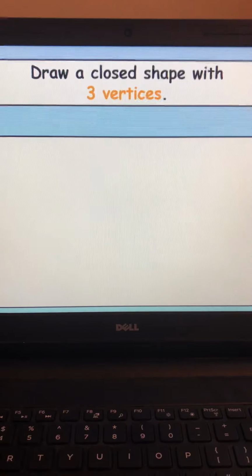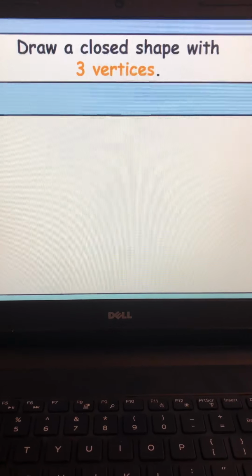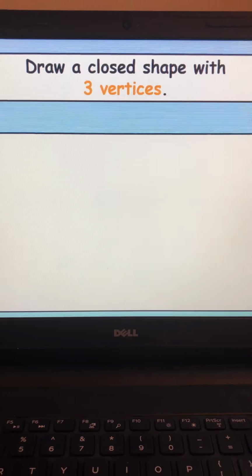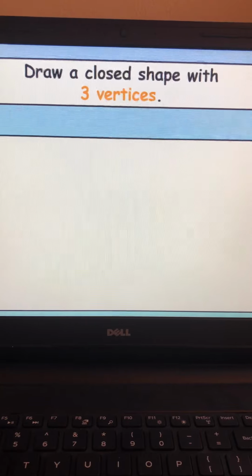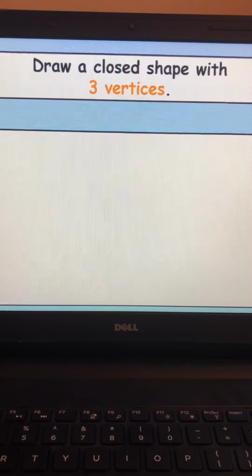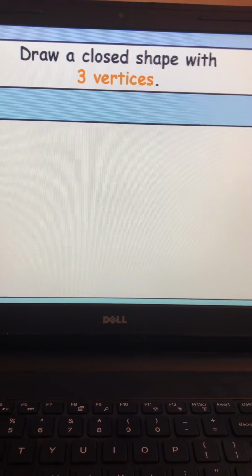Okay, next we're going to draw a closed shape with 3 vertices. I'm going to give you a second, see if you can figure that out. And as always, you can just pause it if you're not ready yet. But closed, remember that means all the sides have to touch. 3 vertices.